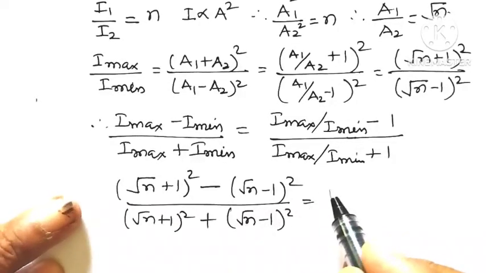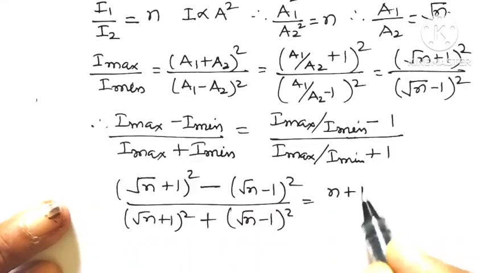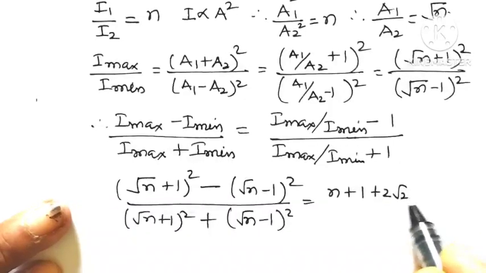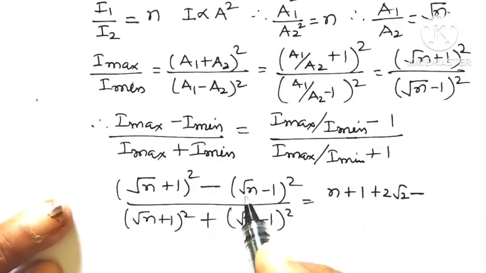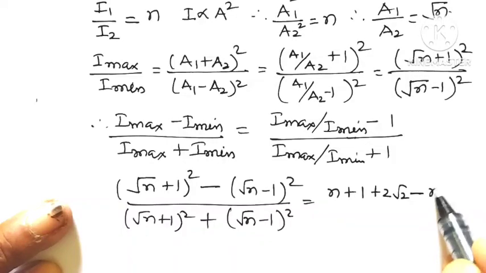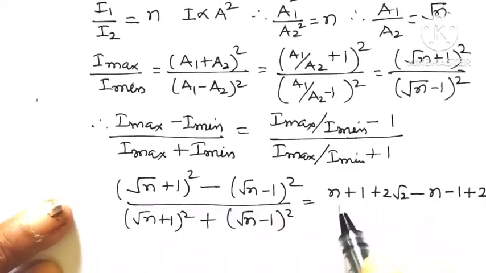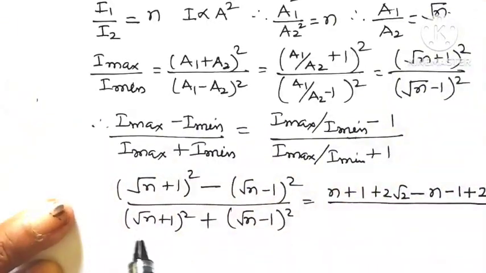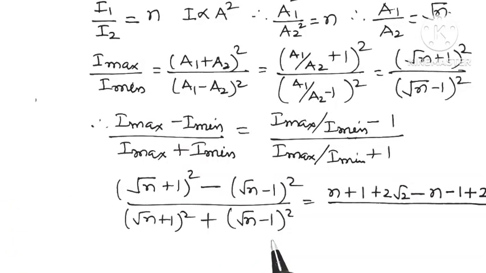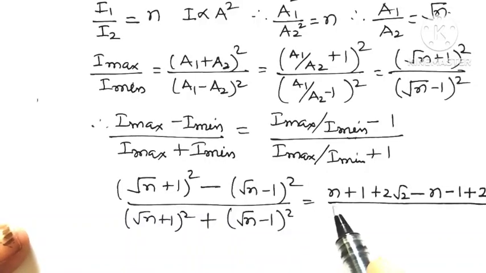(Root n plus 1) whole square means n plus 1 plus 2 root n, minus, now what is the square of root n minus 1? It is n minus 2 root n plus 1, so minus n, minus 1, and minus of minus plus 2 root n. Divided by (root n plus 1) whole square into (root n minus 1) whole square. In the denominator it is a plus b whole square plus a minus b whole square.